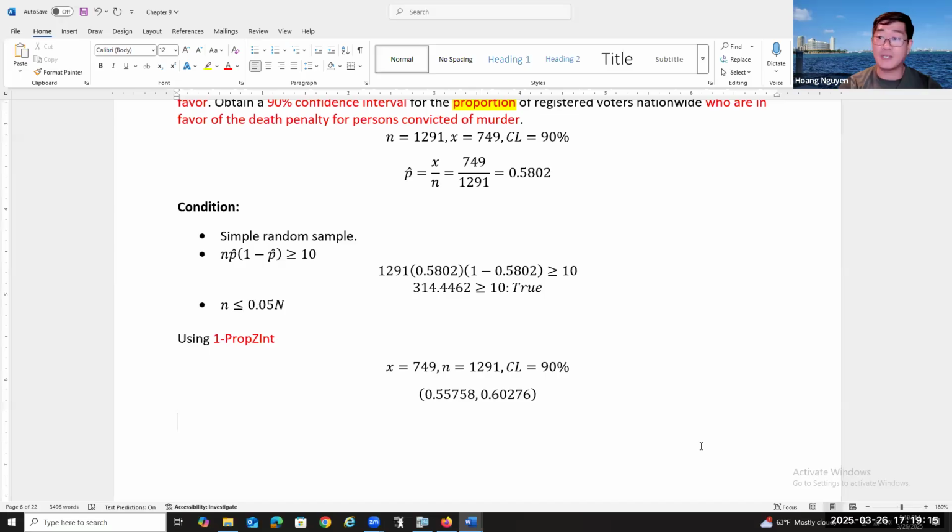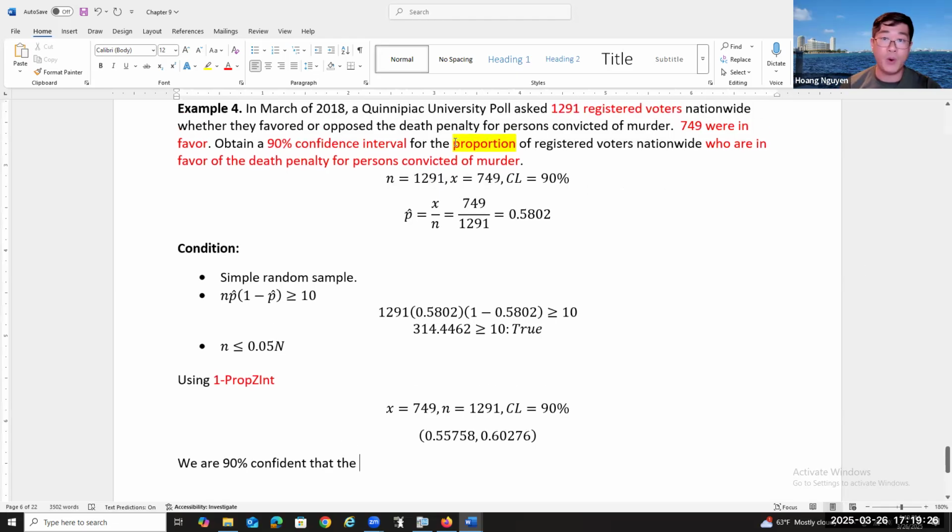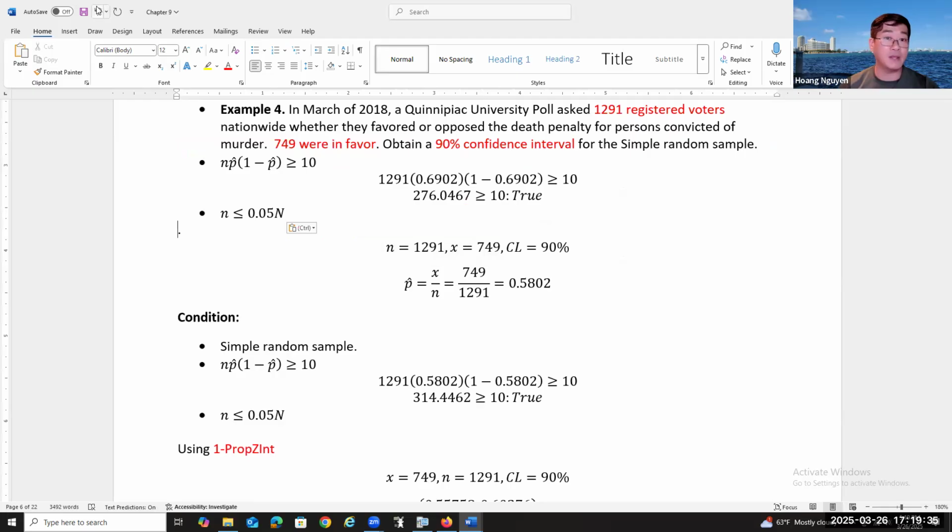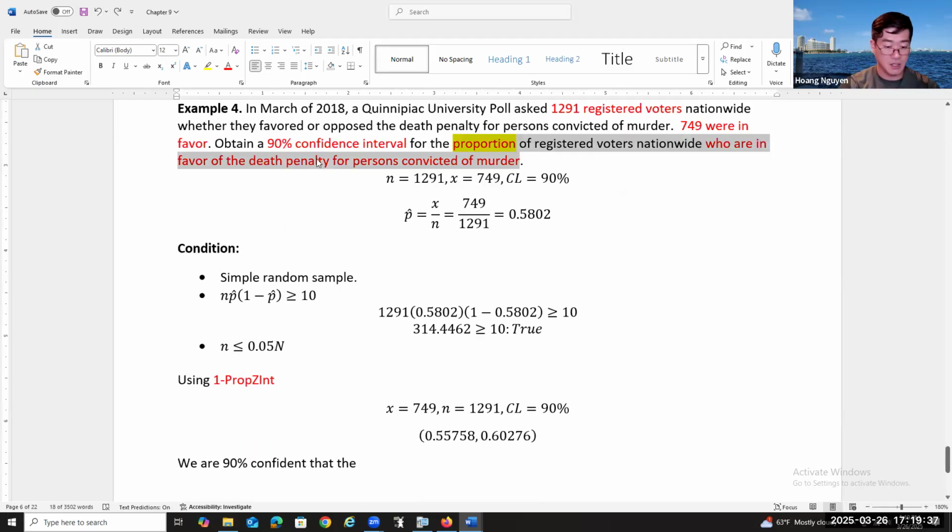So after we got the answer, we need to wrap up this question with the interpretation, right? So we are 90% confident that the proportion of registered voters nationwide who are in favor of the death penalty for a person convicted of murder. I'm going to just copy that then.